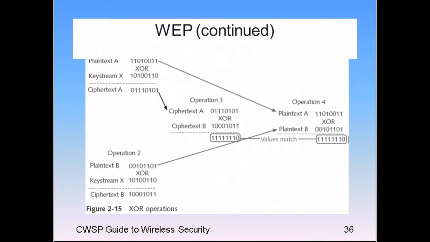But when you use up all those initialization vectors and start reusing them, that's when you get collisions and can go back and crack the shared secret.